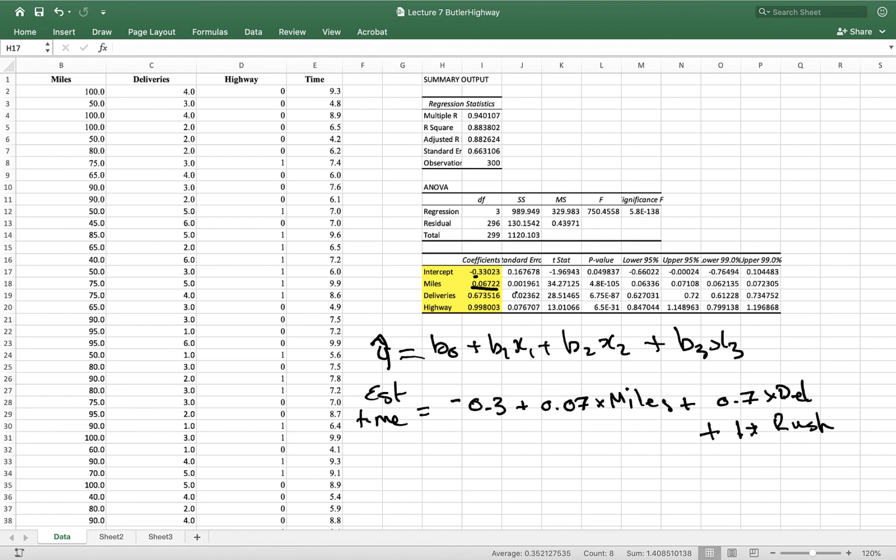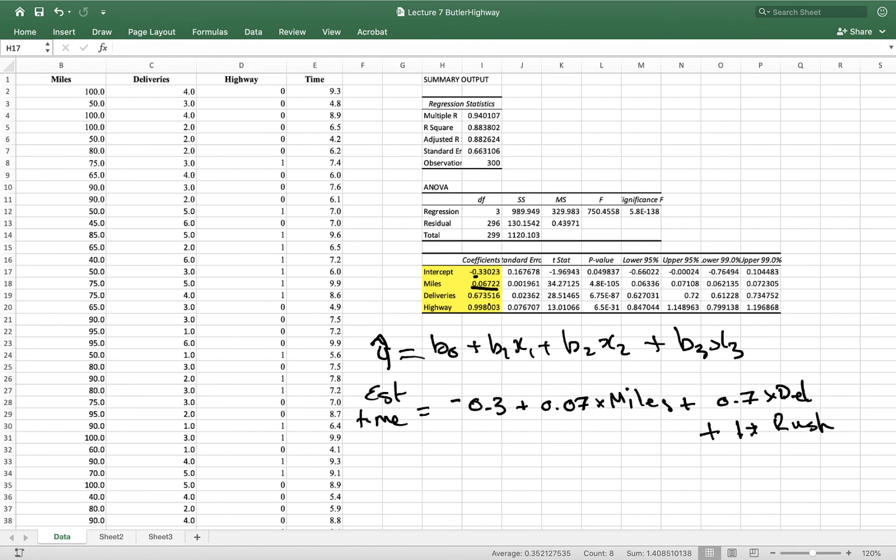So that says, for each additional mile that a driver drives, holding the number of deliveries and whether or not they drive on the highway constant. So don't change that. So if we hold those constant and an additional mile is driven, that will add 0.672 hours, which is about just over 4 minutes, to the time it takes them to complete their assignment.